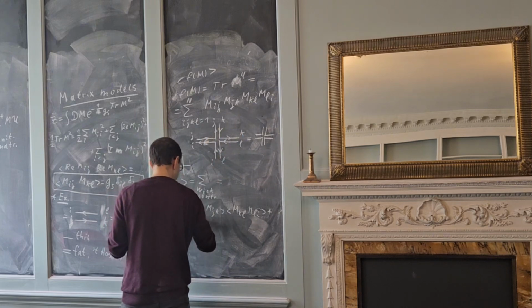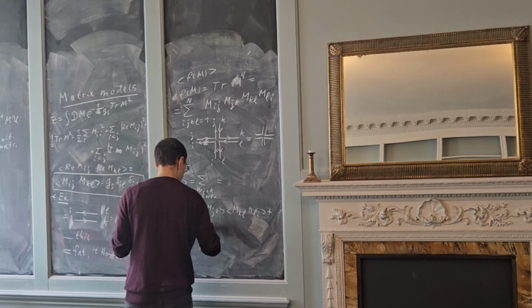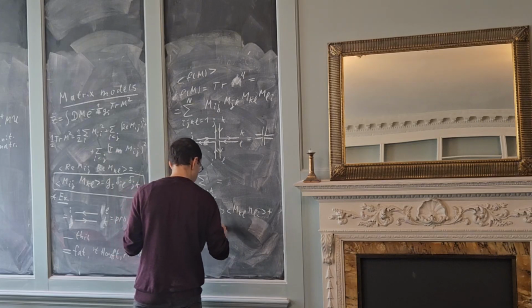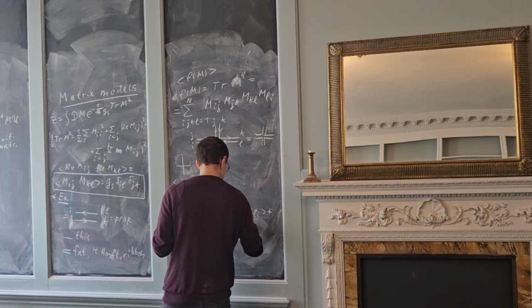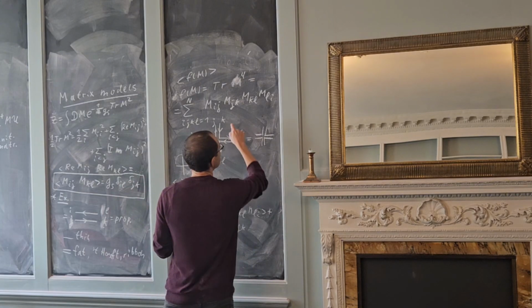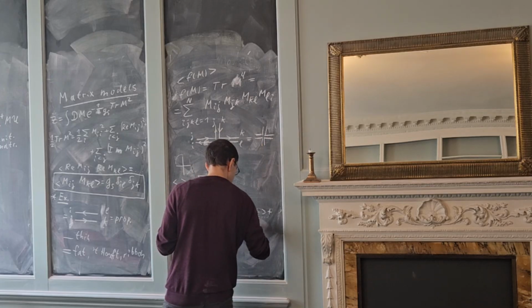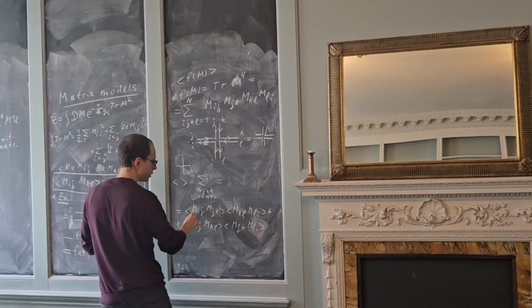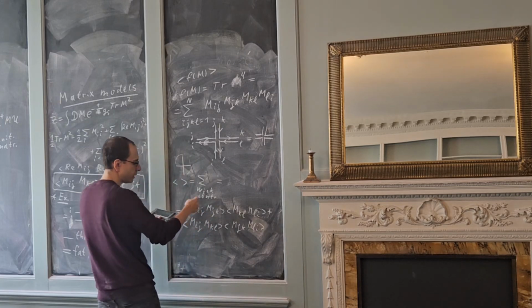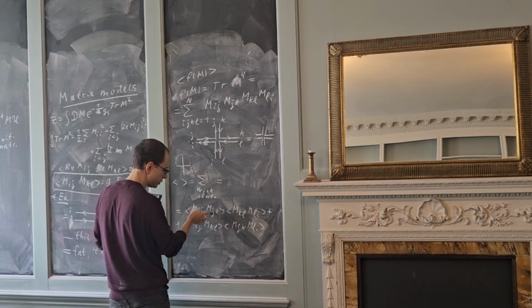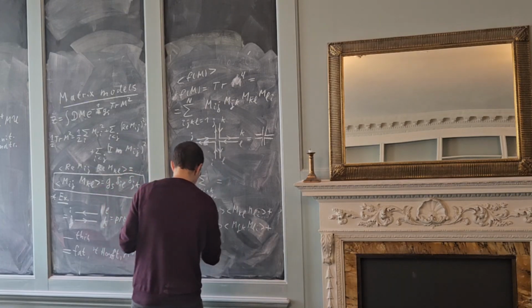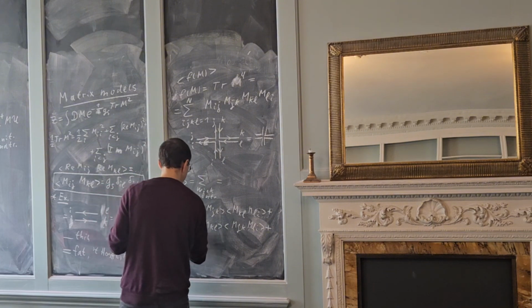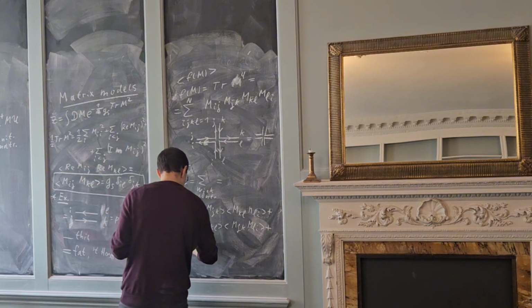So M_ij, M_kl, M_jk, M_li. By the way, the order of course doesn't matter. Here these are just variables, not matrices, so I can switch this and put it before. Plus, the last one is M_ij, M_li.